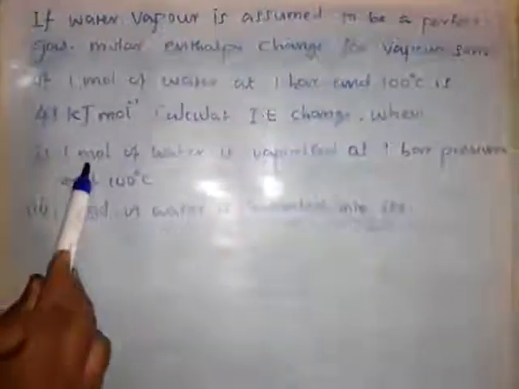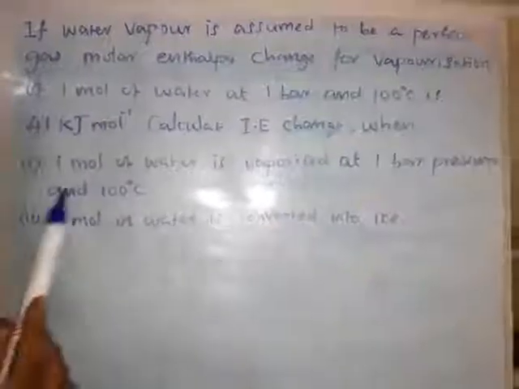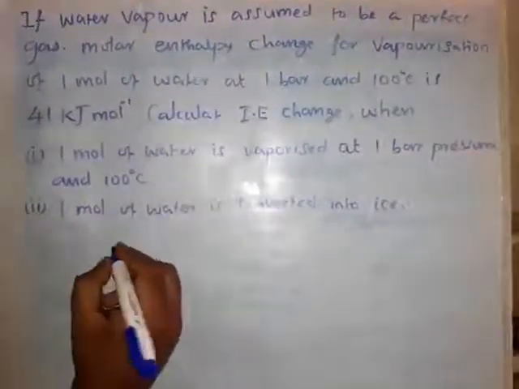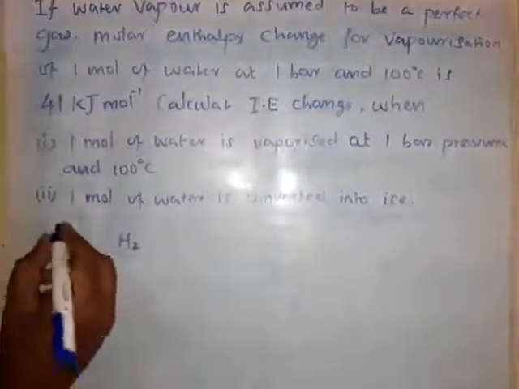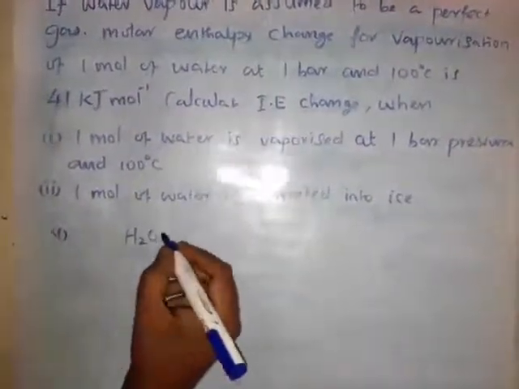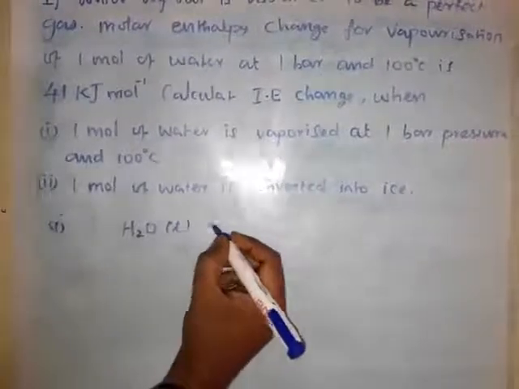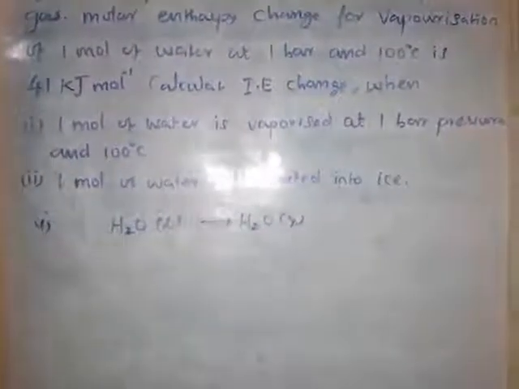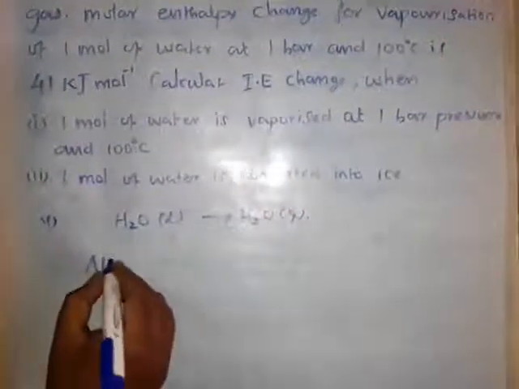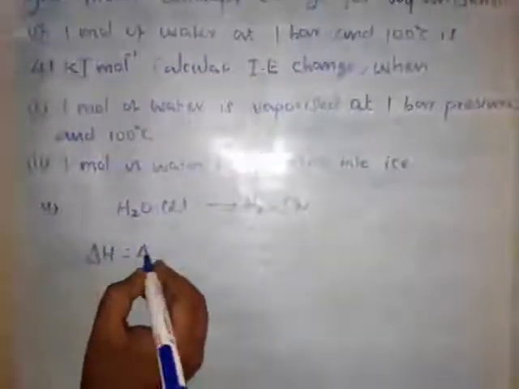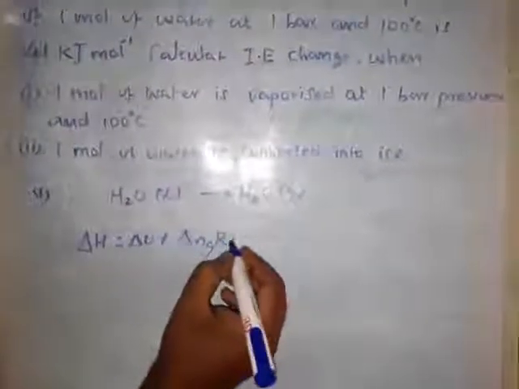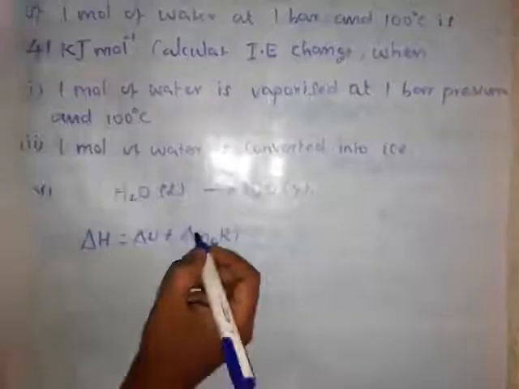First, 1 mole of liquid water is vaporized at 1 bar, so liquid converts to gas. The change is water liquid to water gas, H2O gas. Then the formula, as we already know, is delta H is equal to delta U plus delta Ng RT.